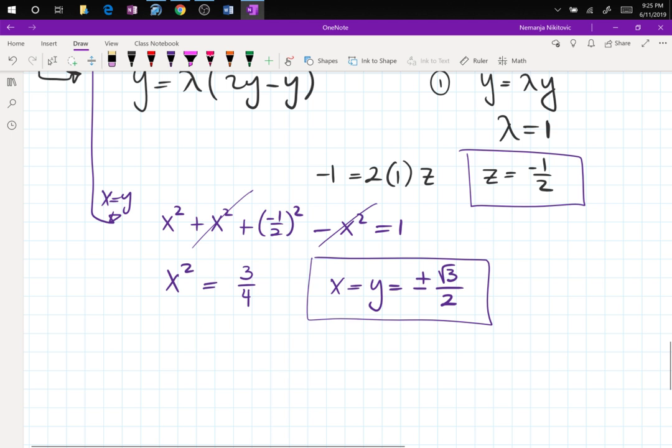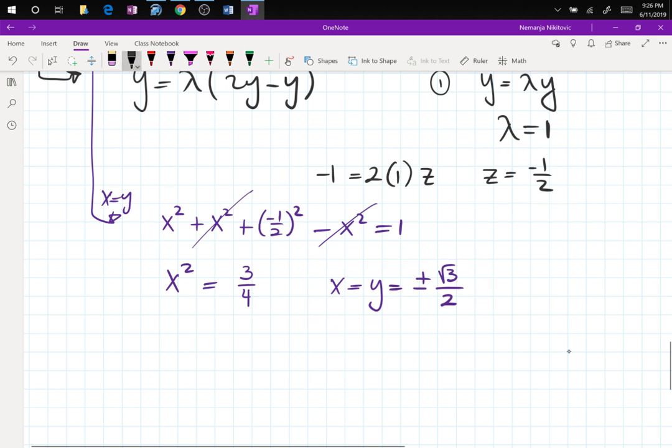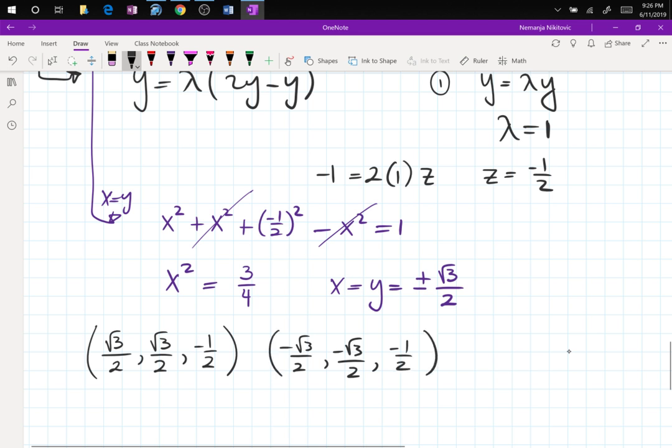So when I look at these, well, I don't want to box these because that's not the answer. What are the answers? The answer is root 3 over 2 and another root 3 over 2 and negative 1/2 as a point. And negative root 3 over 2 and another negative root 3 over 2 and a negative 1/2 as a point.